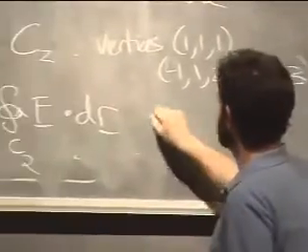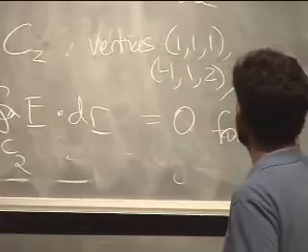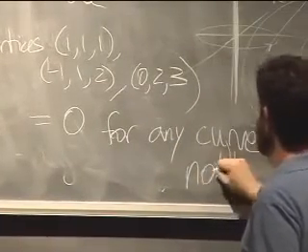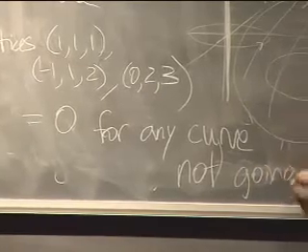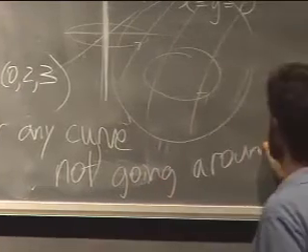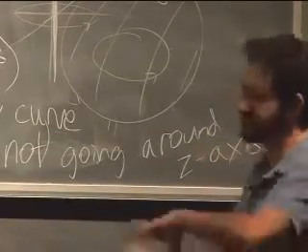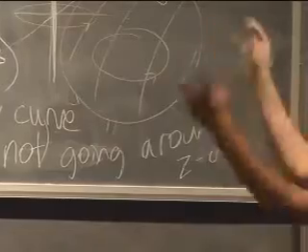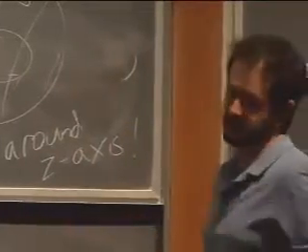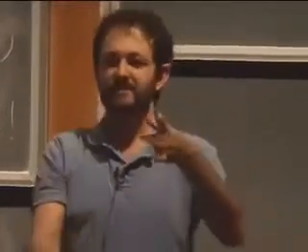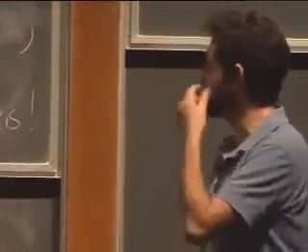This will equal 0 for any curve not going around the z-axis, because f is conservative on that curve or a neighborhood of that curve. As long as the curve does not go around the z-axis, the stick of the z-axis cannot poke through the hole of the curve. All right?